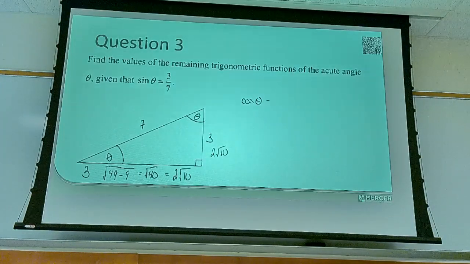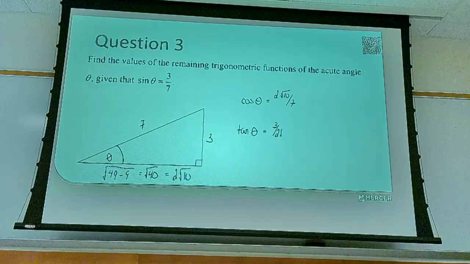What's cosine? So let's get rid of the green so we don't confuse ourselves. 2 square root 10 over 7. What is tangent? Seven over 2 square root 10. Oh, 3 over 2 square root 10, or 3 root 10 over 20, if you want.